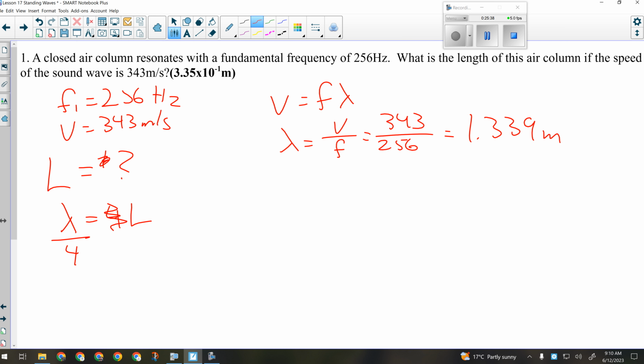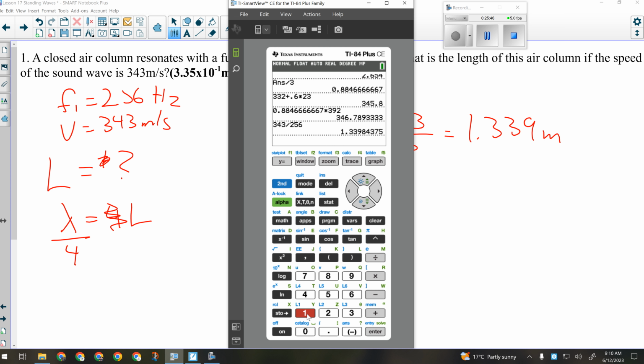Because after all, that column is only going to have how many wavelengths in it? 1/4. That looks like the answer I've got up on the board, right? 0.335 meters would be the length of that column of air.